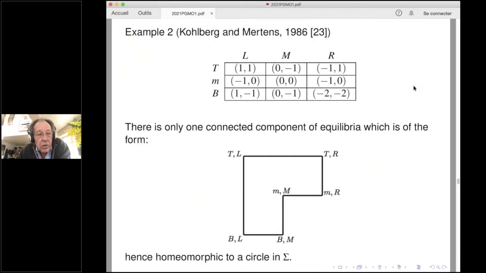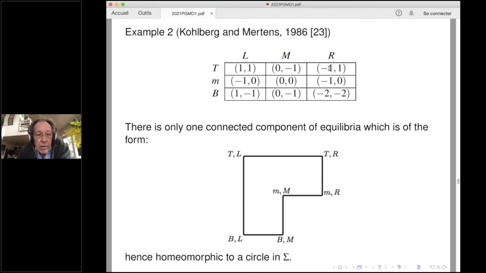Another example, due to Kohlberg and Mertens, is as follows. So you have now 2 players and 3 strategies for each player, left, middle, right, top, middle, bottom, with first component, payoff. Okay, and there is one connected component of equilibria, which is of the following form. You go from top left here, so on the left top corner, with payoff 1, 1, and then keeping top, all these are equilibria.